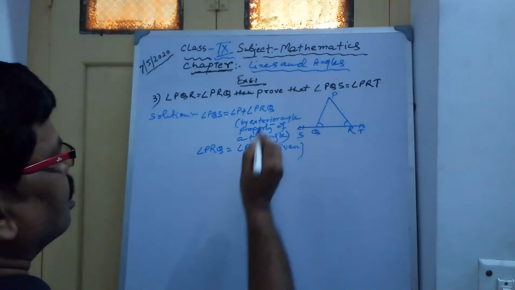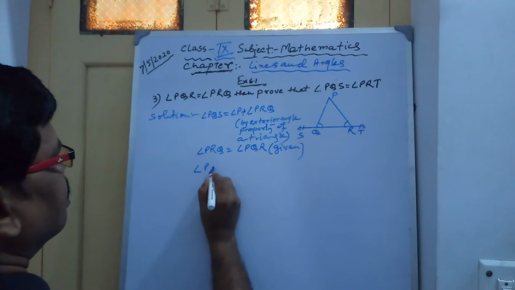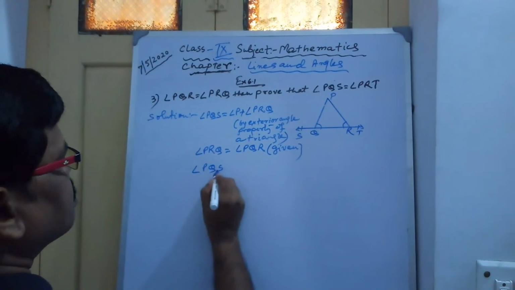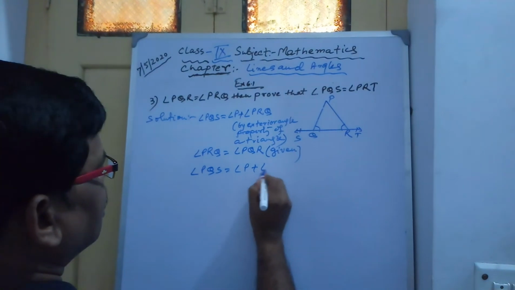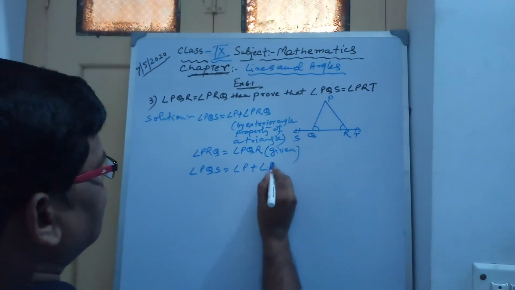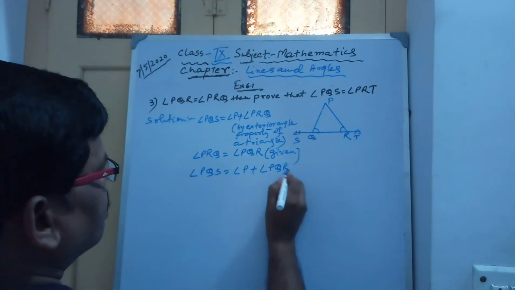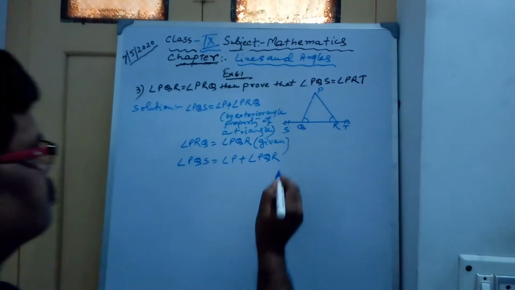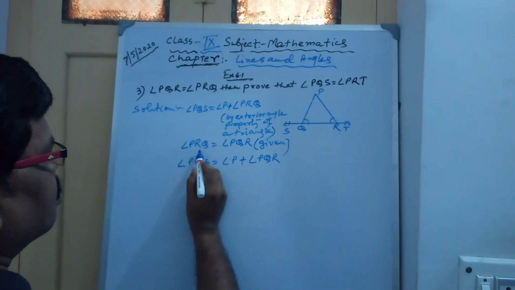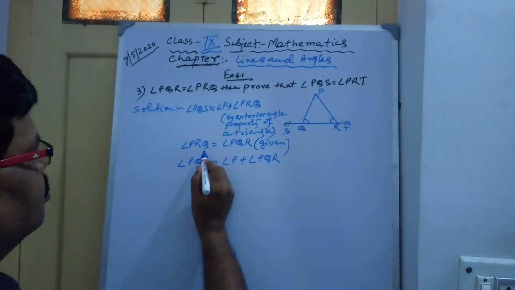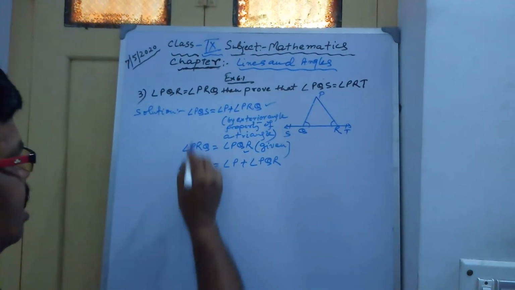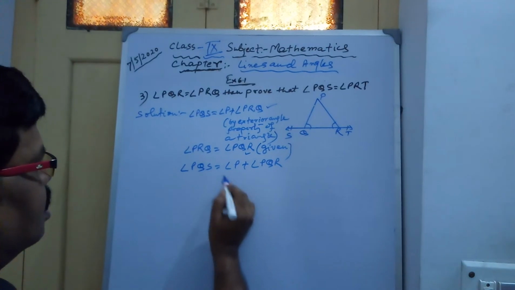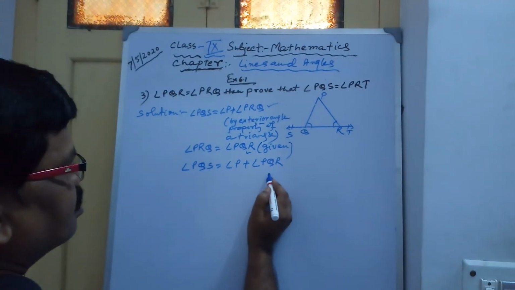So angle PQS equal to angle P plus angle PQR. So PRQ is PQR, so in place of PRQ we write that one. So it becomes PQS equal to angle P plus angle PQR.